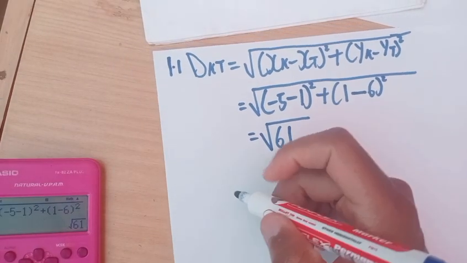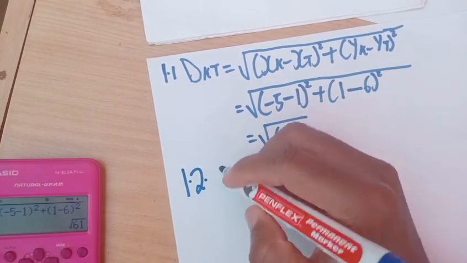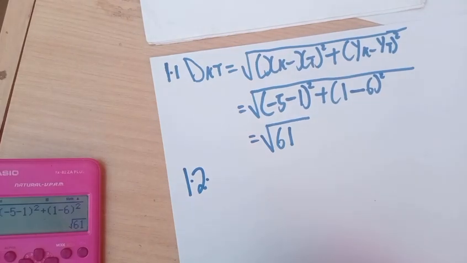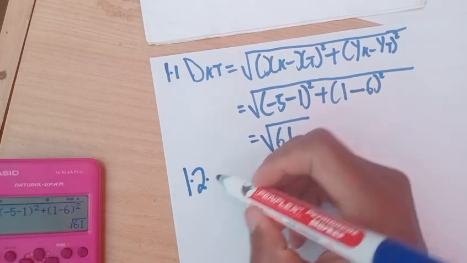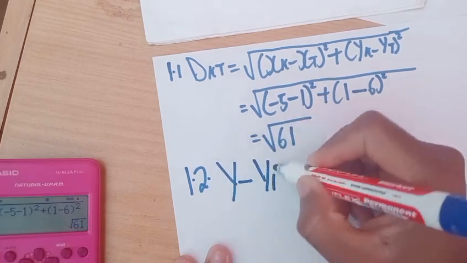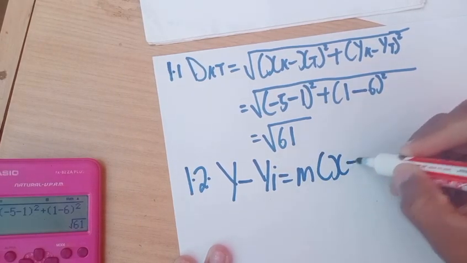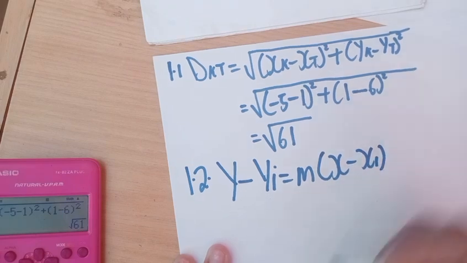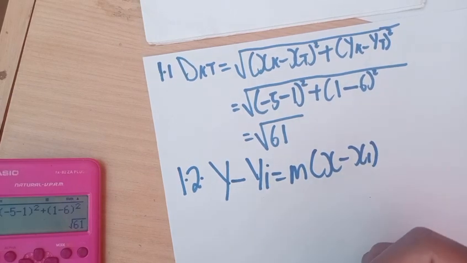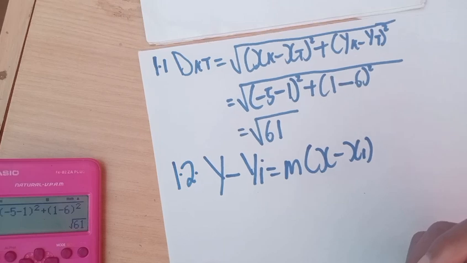Now we go to 1.2. They say: calculate the equation of line KP. When you are looking for line KP, you're going to use this formula right here: y minus y1 is equal to m times (x minus x1). There's another equation, but I prefer this one because it is easy.